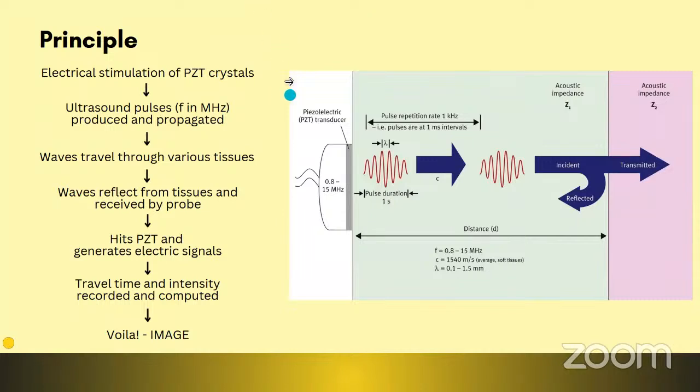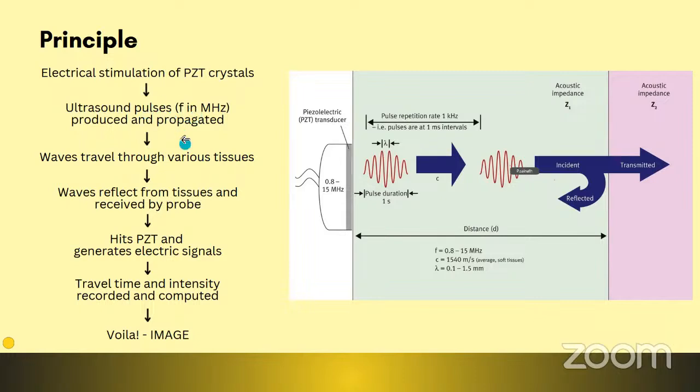The normal human hearing frequency is 20 hertz to 20 kilohertz, and ultrasound's cutoff is more than 20 kilohertz. That's great, Vinay. However, for medical purposes, the ultrasound pulses produced by these PZT crystals would be in megahertz.